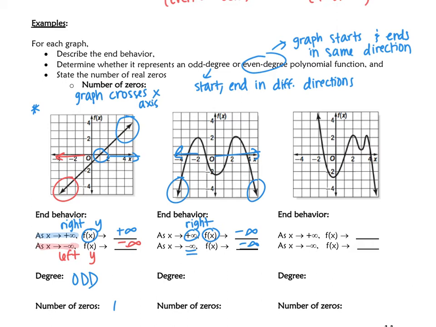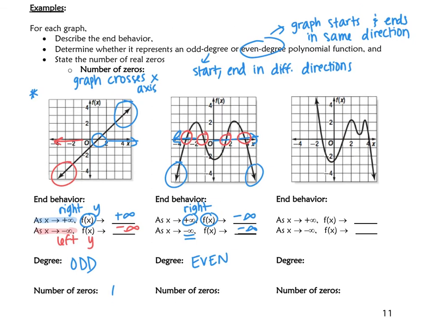Well, this graph is twinning, starting and ending the same, which means the degree is even. Then if we're looking for the zeros, we're looking for every time that the graph crosses the x-axis. That's here, here, here, and here. For number of zeros, we actually have 4 of them.